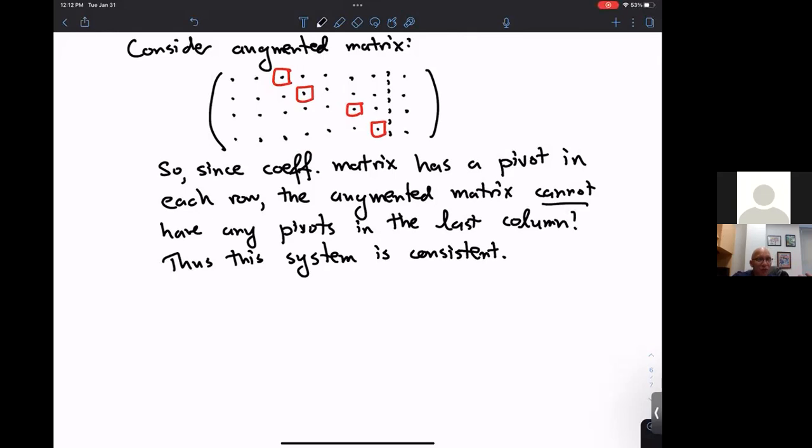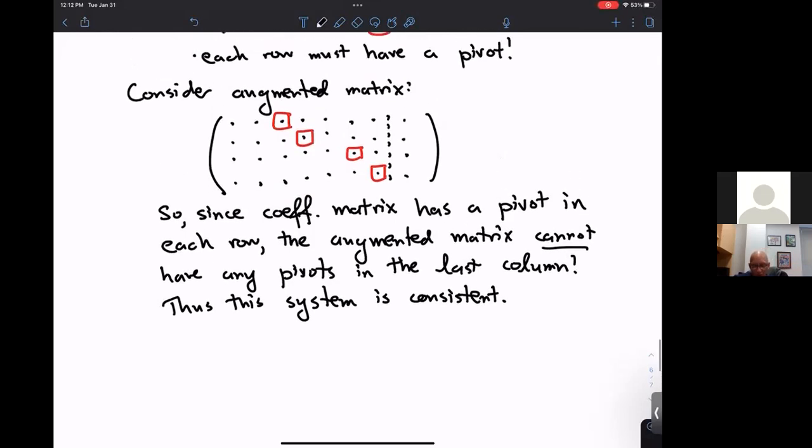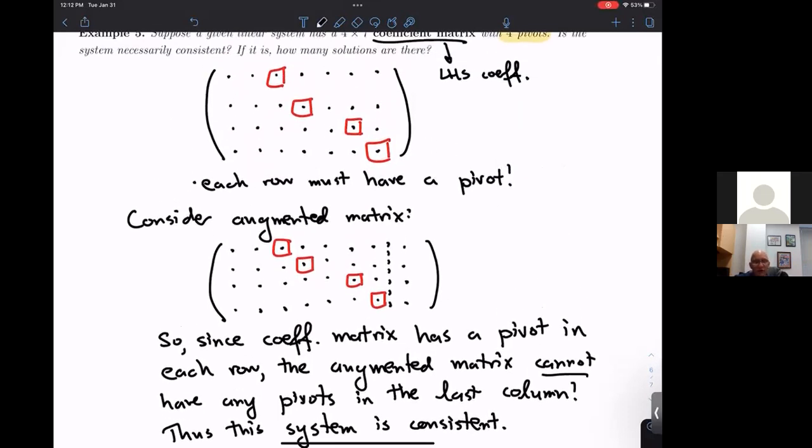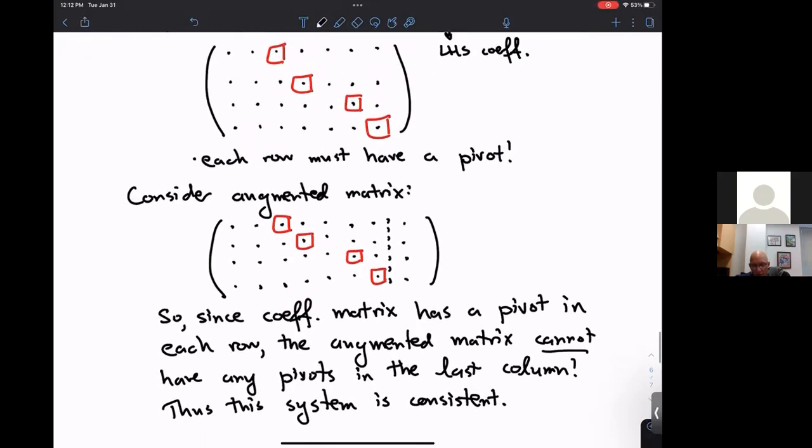Now, I think that's actually the harder part. Once I know that this is a consistent system, I can quickly tell whether there's one solution or infinitely many solutions by thinking about how many free variables there are. In these pictures, we can see that because there are 4 pivot columns, there must be 3 non-pivot columns.